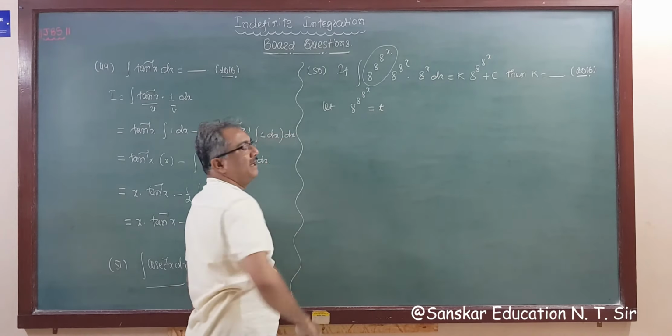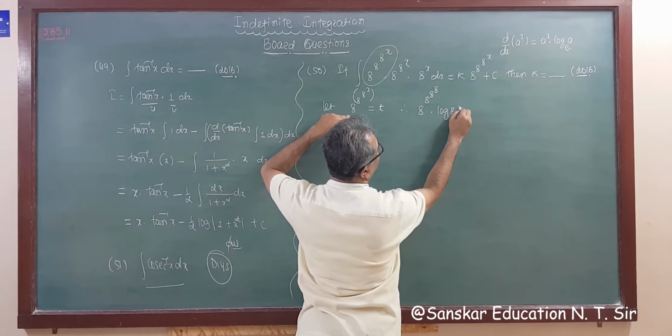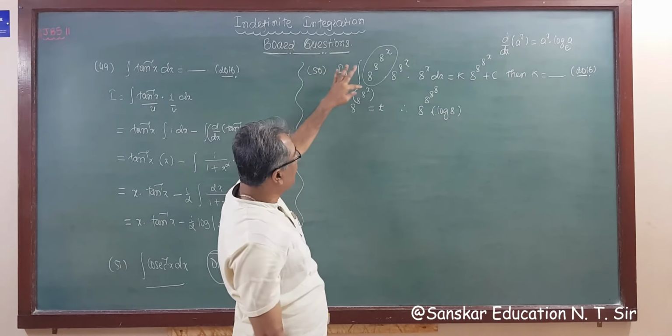This is the derivative, and the integration of the same function is you have to divide by a raised to x into log a base e. So if we assume this, then the derivative of a raised to bracket is a raised to bracket into log 8, that you have to write, and then the derivative of this bracket again.